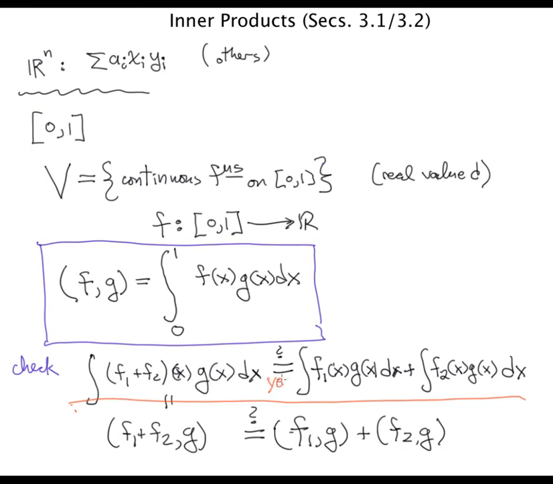If you add functions and multiply this way, you can break it up into two. So that's part of the requirement. Let's see. It's clear from this that this is symmetric. The integral of f times g is the same as the integral of g times f. So that's clear.